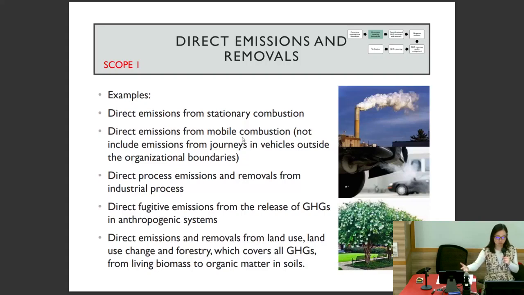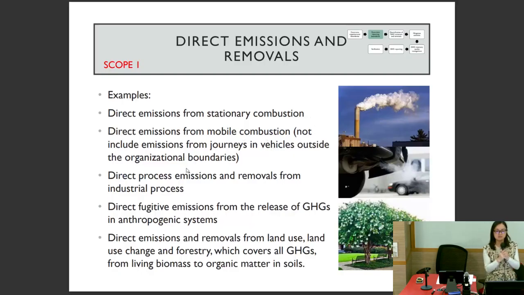So the mobile would be cars, vehicles, airplanes, ships, and so on. These mobile transportation vehicles are within the organizational boundary. So it doesn't include emissions from journeys in vehicles outside the organizational boundary.